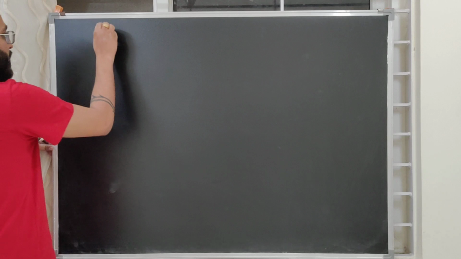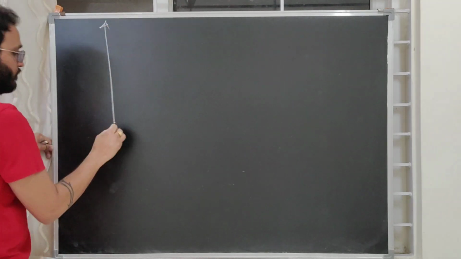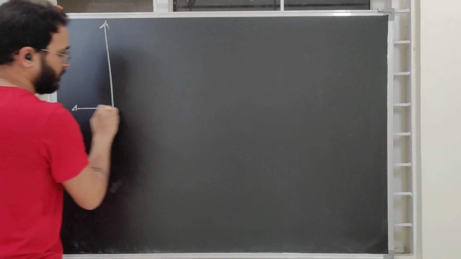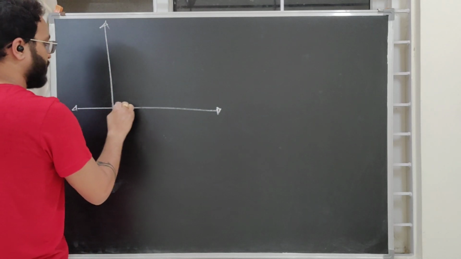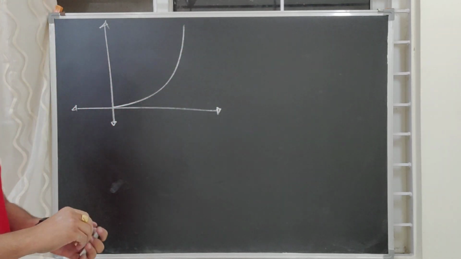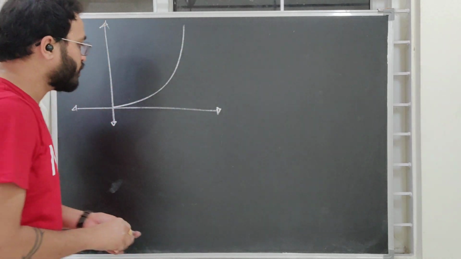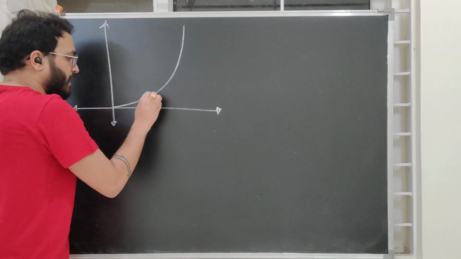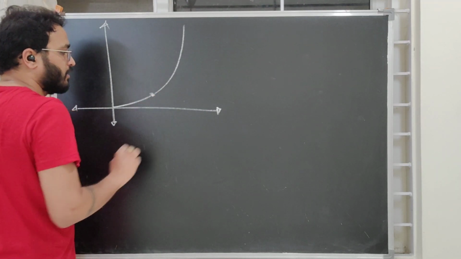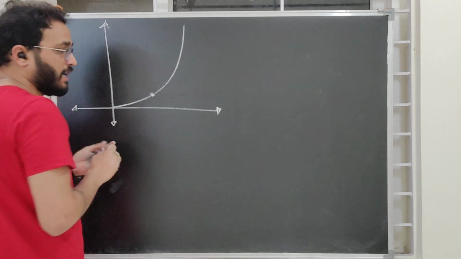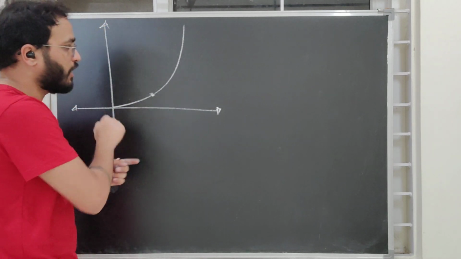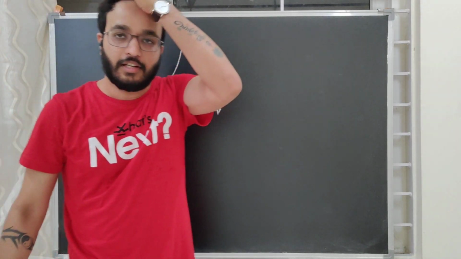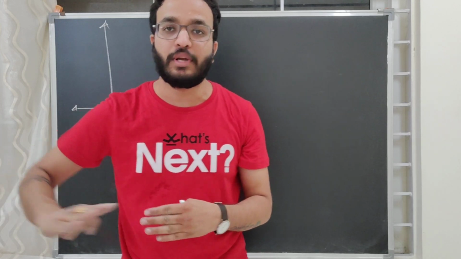Now see, if I take a curve, suppose like this, okay? Now this is the curve and I want you to find out what is the slope at this point. So you will say, sir, slope at this point, how can we figure out? Because now this is not a straight line. It is a curve, it is going like this.